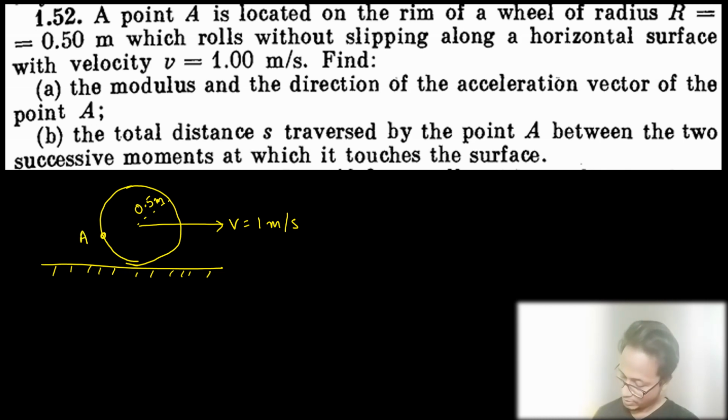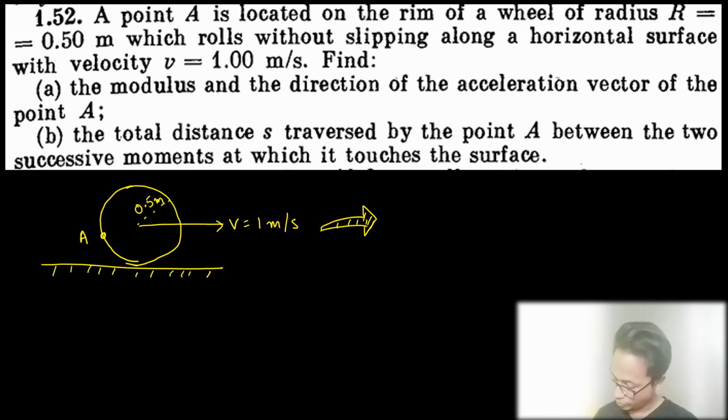Okay. So the velocity of this point A and the acceleration of this point A can be a combination of two velocities, a rotational velocity plus a translational velocity.